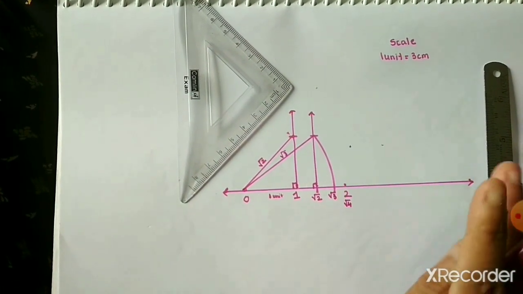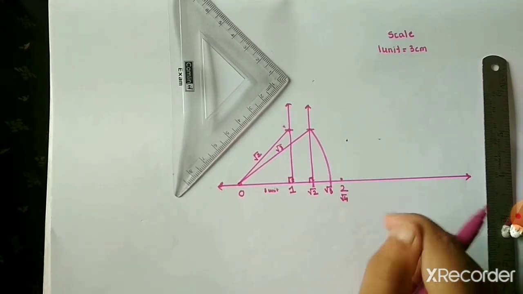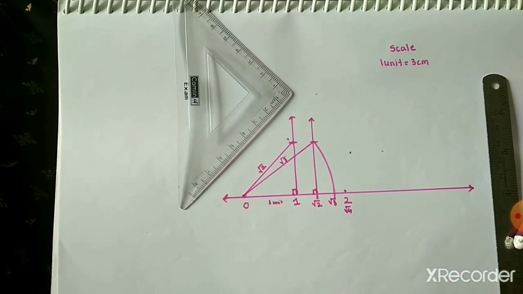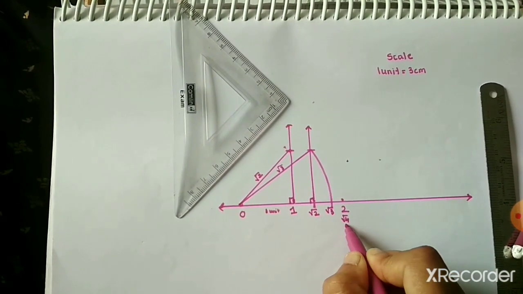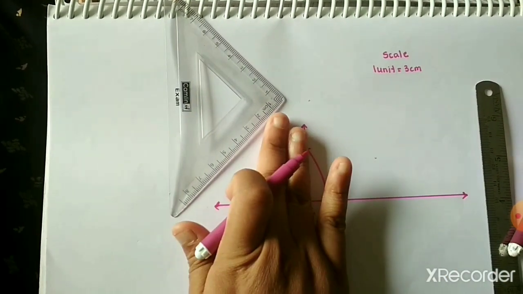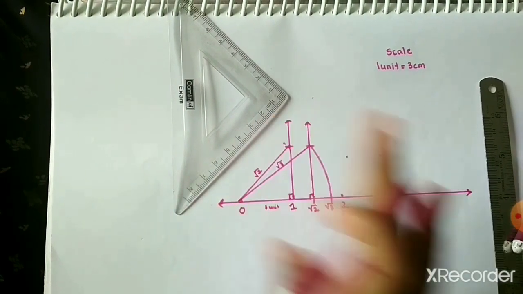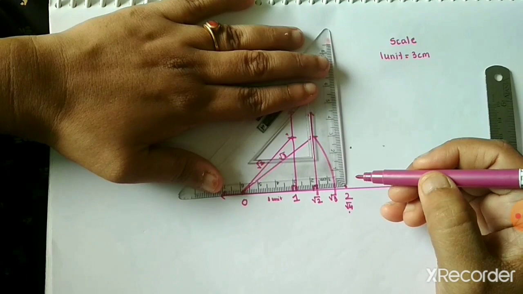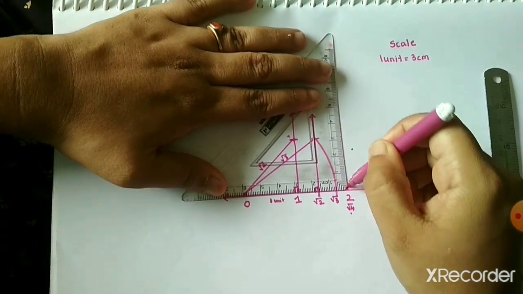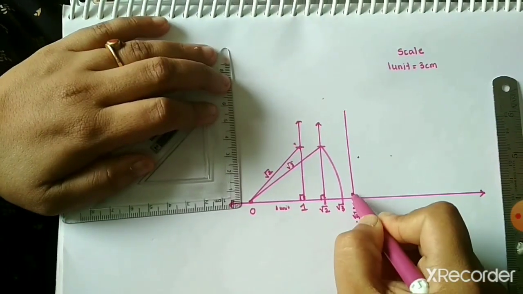Correct? Now, the next point you remember over here, if the question is asked for only root 5, in that case, as we know the root 4 value, no need to draw this root 2 and root 3 construction. You can start directly at root 4, that means at point 2, draw a perpendicular.